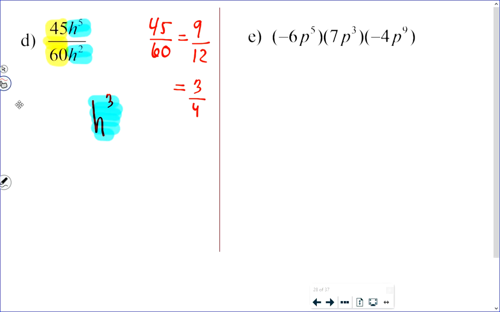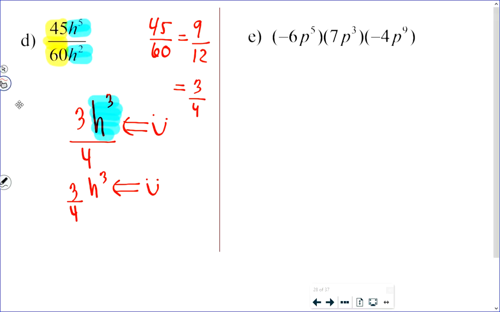So I write the following. 3h cubed over 4. Or I can write 3/4 h cubed. And I really like writing it this way. I also like writing it this way.